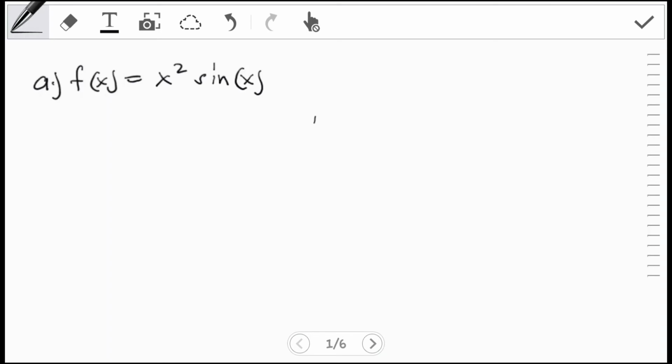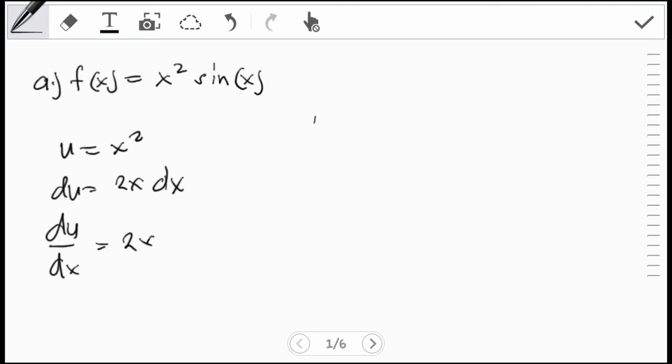Okay, so what is the first derivative of f of x equals x squared sine x? Let u equal x squared, so du over dx is 2x.